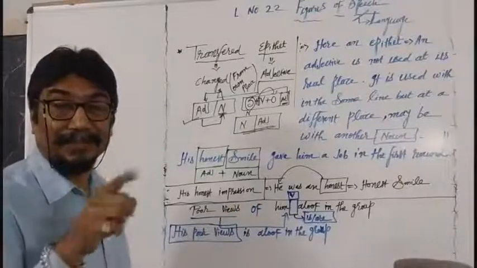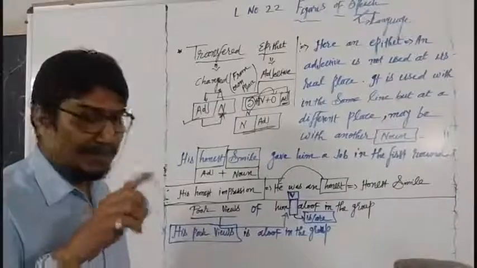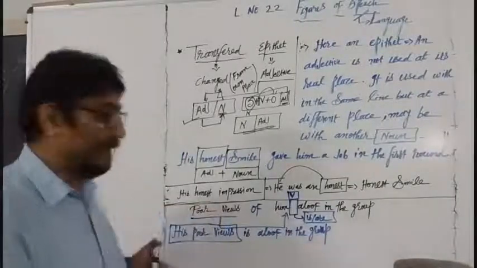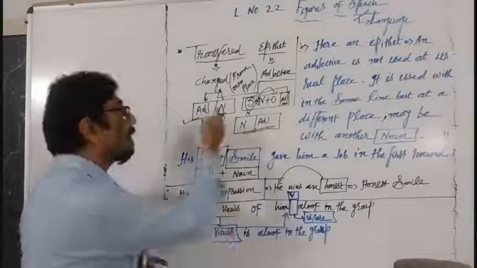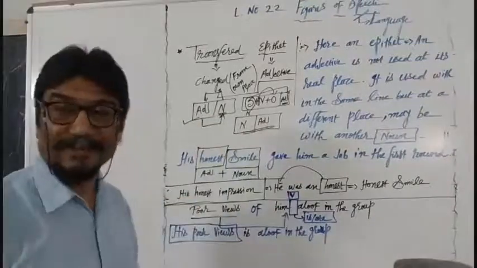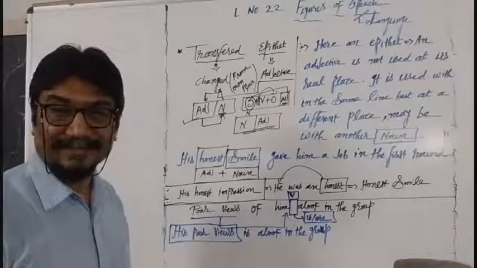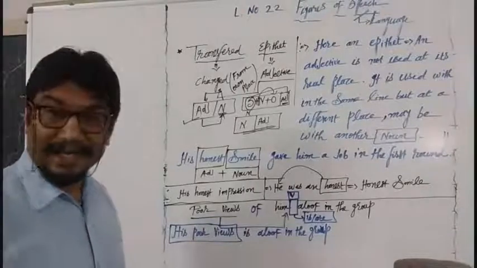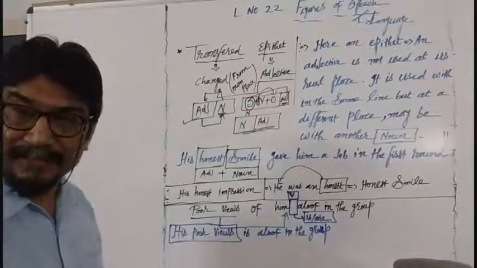But the adjective is used not at the real place, but at a transferred place. So this is an example of transferred epithet. Got the idea? Let's move ahead with another example in the same figure of speech.